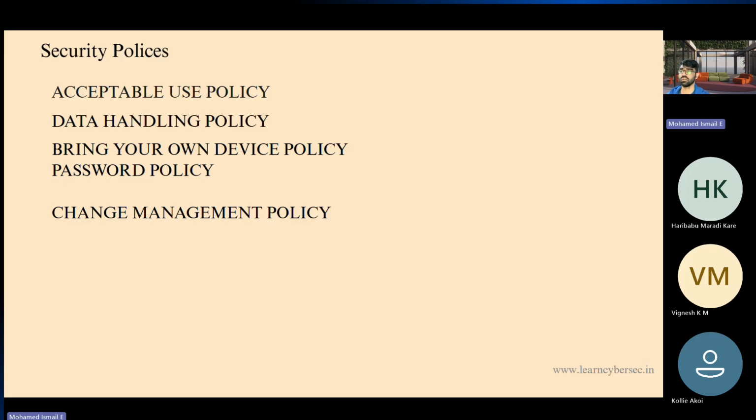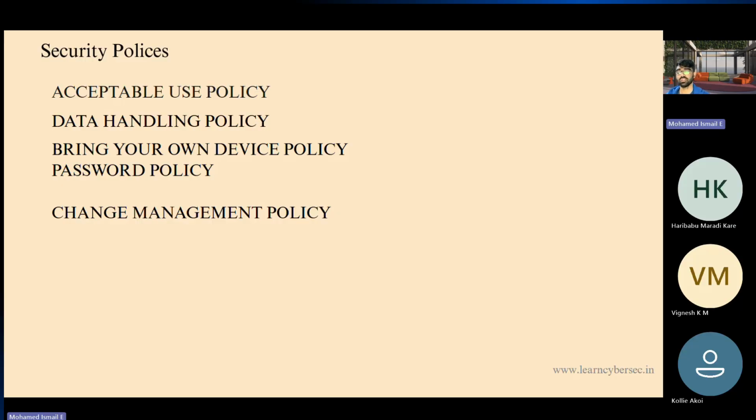Bring your own device policy: you can bring your tablet, mobile phone or smart gadgets into the company and connect to the company Wi-Fi. What policy does the company have, and what protection must the company establish? Can you access company email services on a personal device or not? These are all documented in the bring your own device policy.